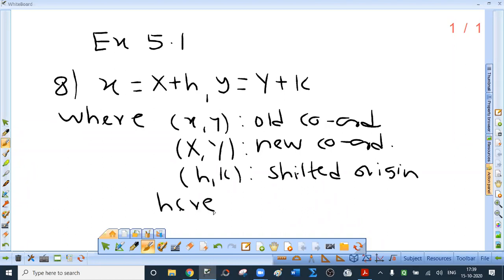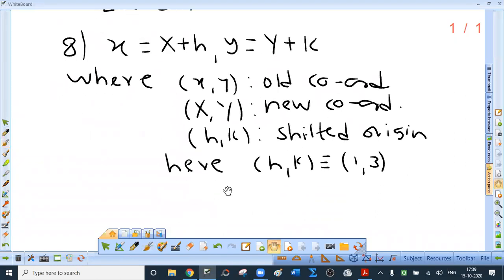Now origin is shifted to which point? Here h, k, the point is given to be (1, 3). Therefore small x is capital X plus 1 and small y is capital Y plus 3.